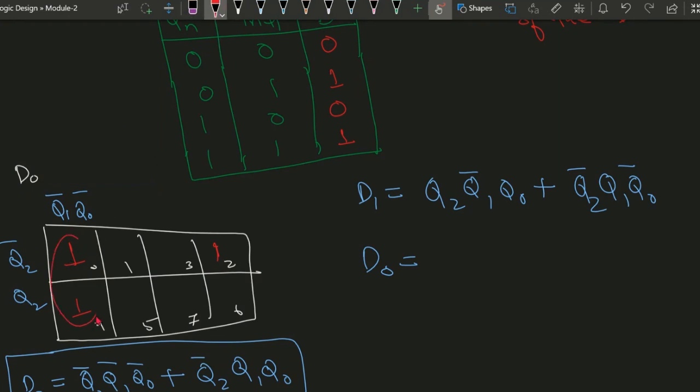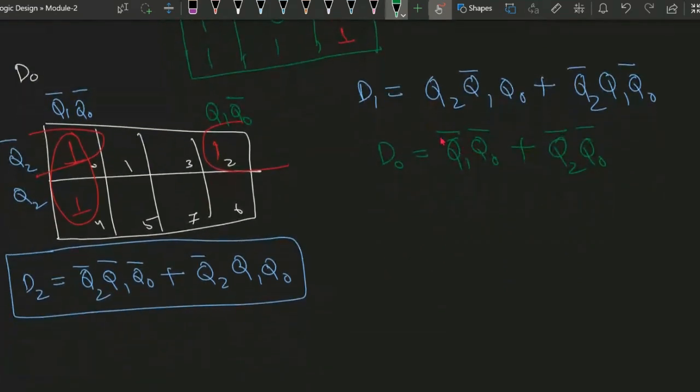We can pair it likewise, or we can pair it this way also. So the expression for D0 will be Q1 bar, Q0 bar plus Q2 bar, Q1, Q0 bar. Okay. So Q0 bar is common here. So this will be the expression for D0.